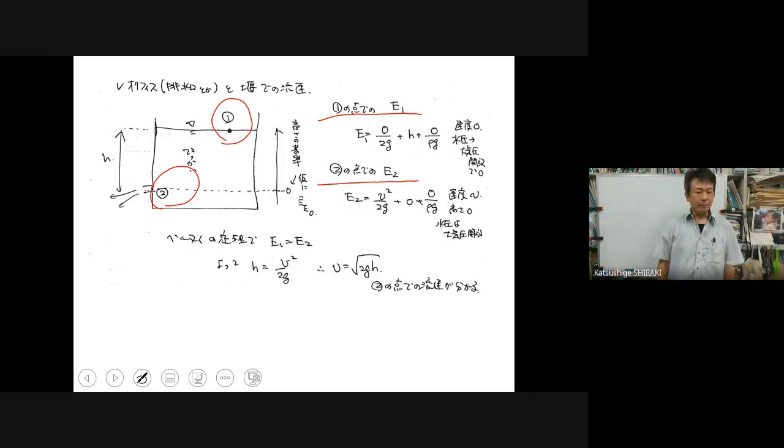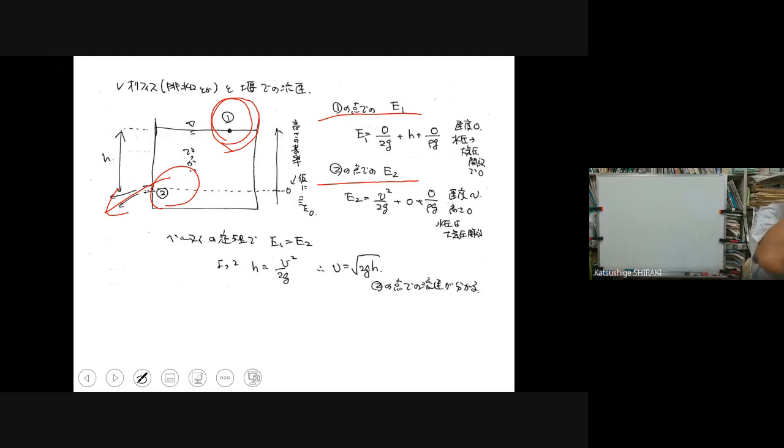That is Bernoulli's principle. Be careful that number 1 is a stable point, and number 2 is not stable, but has some velocity. You have some water velocity here.